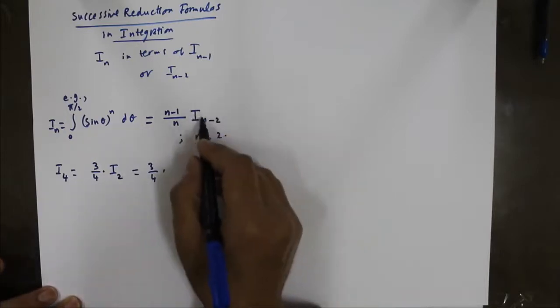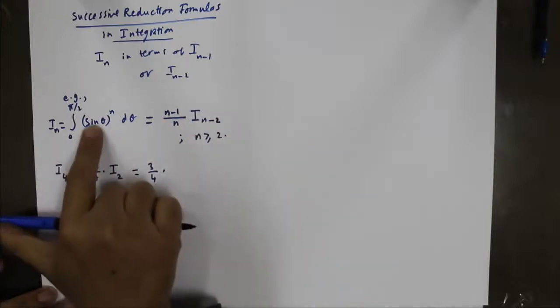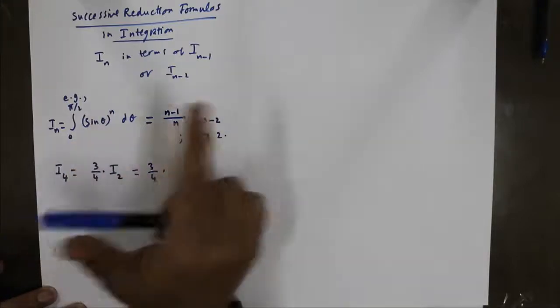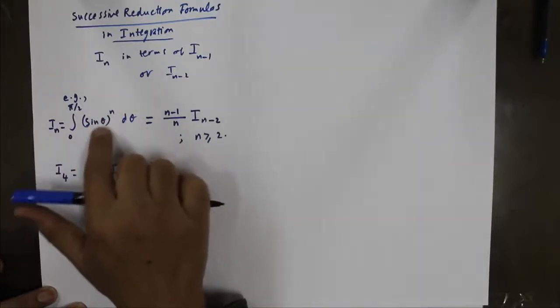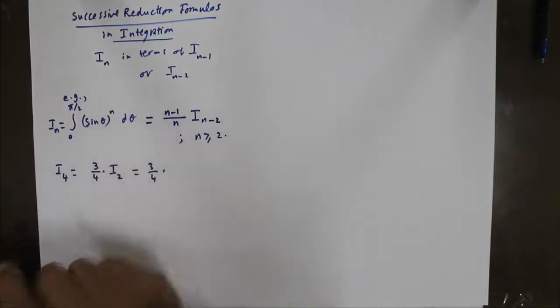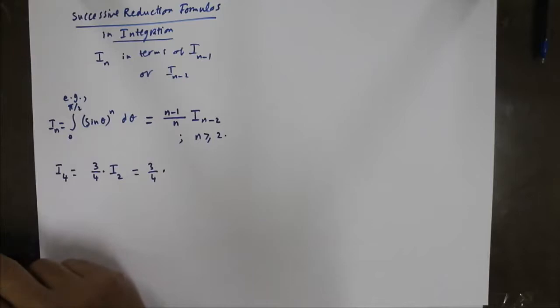I mean to get to I_0 or I_1, which is easy. I_1 is the integral of sine theta, which is known, and I_0 is the integral of 1 d theta, which is theta, and the substitution will give you pi over 2.